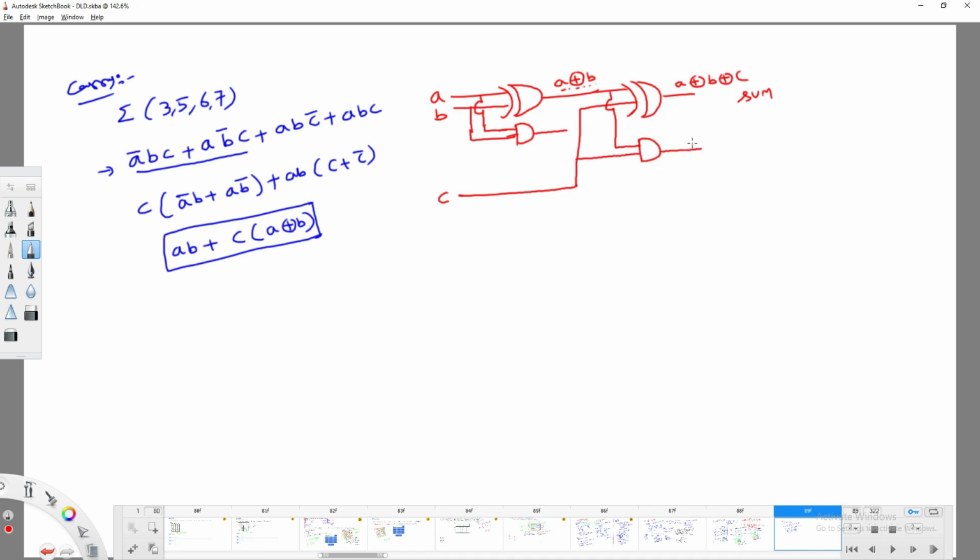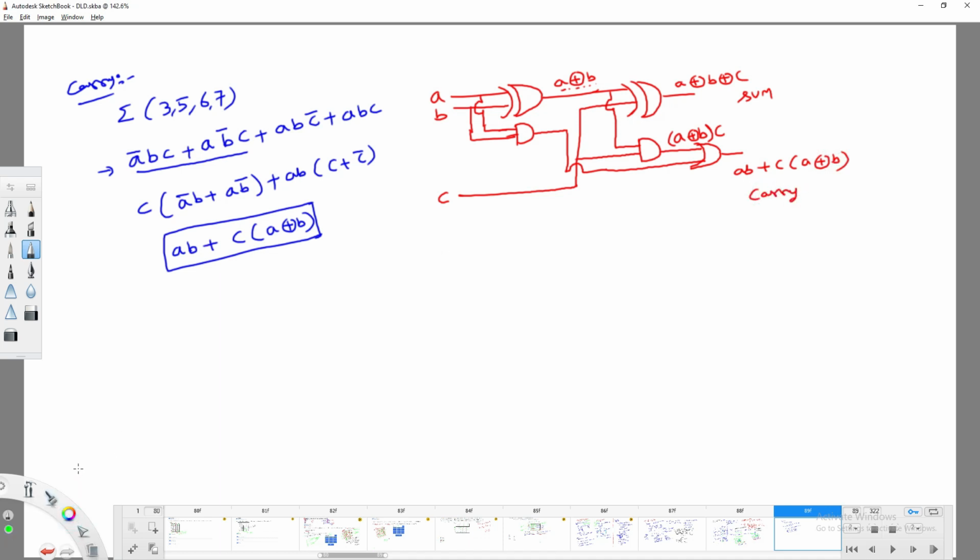Here you got A XOR B into C. For this, you need an OR gate. Then you are going to get AB plus C into A XOR B. This is what I can call the carry.